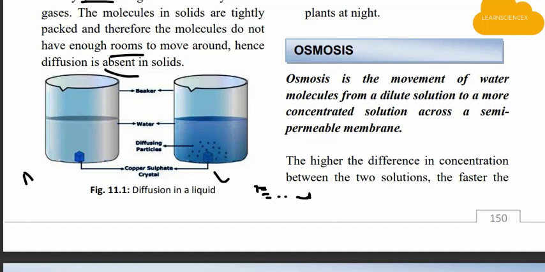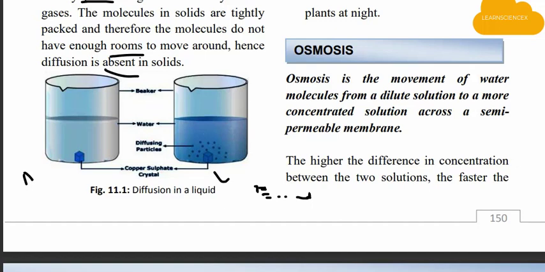We can also demonstrate diffusion in gases. You can stay at one corner of a room, and then you have your spray. You spray it at the corner, or have your friend spray it, either way. Now let's say you are the one doing the spraying. Let your friend stand at the other end of the room, and then over a period of time, your friend will start to smell the perfume or the spray which you sprayed at your end.